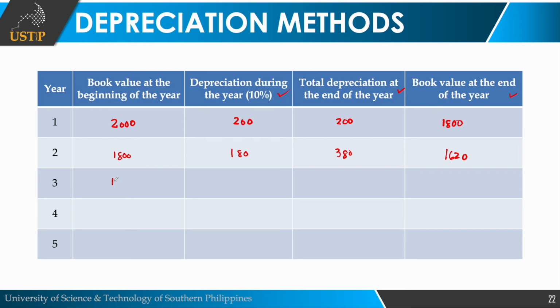So, that is 1,620. Balik nato ang pattern, that is 1,620. Mauna imuhang depreciation during the year. So, 10% ana, 162. And then, yung total depreciation is 542. Okay, plus na nandua. And then, the book value, 1,620 minus 162, that is 1,458.